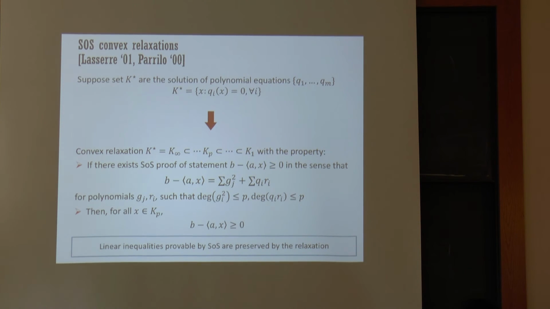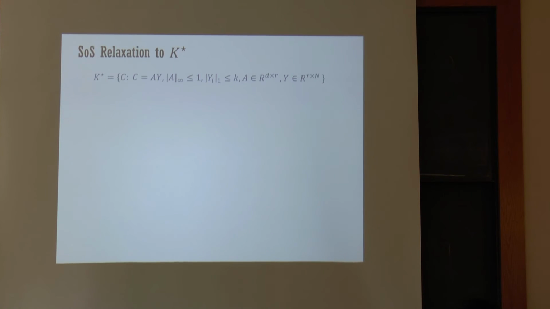Okay, so now let's see how we do it for our case. What we are going to do is first rewrite this constraint set as polynomial equations. That's what sum of squares will do. So before we had this kind of constraint, and now we relax it: we replace the infinity norm of a less than 1 by a_ij squared is less than 1, and we first rewrite this one norm as the p over p minus 1 norm.